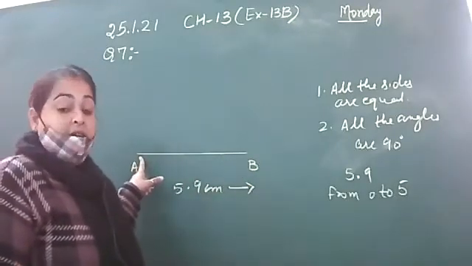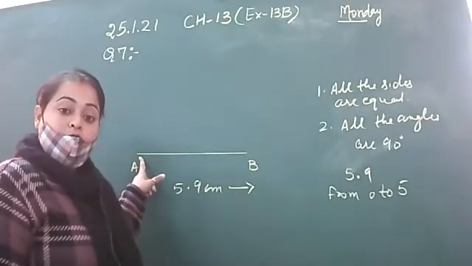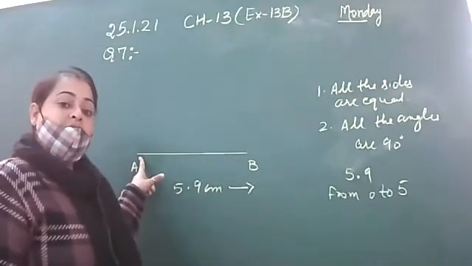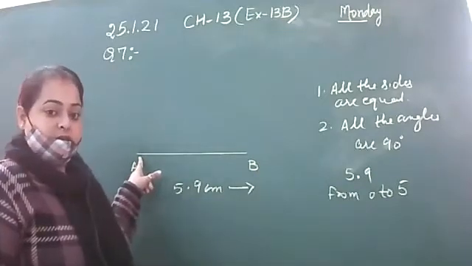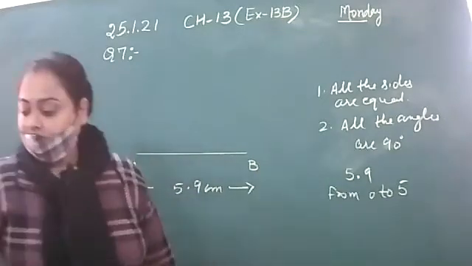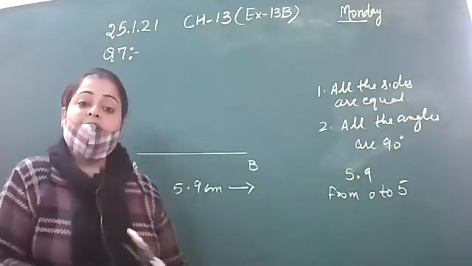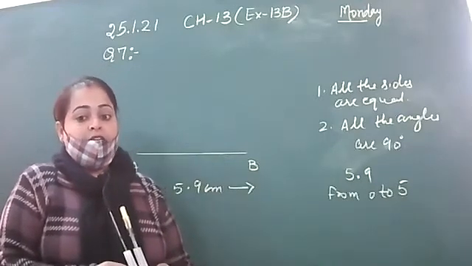Students, as I have already explained how to construct an angle of 90 degree, quickly write down in the chat box, what is the first step to construct an angle of 90 degree? I am waiting for your responses. Very good.